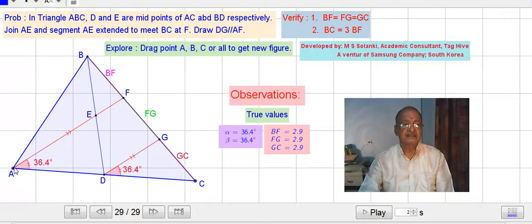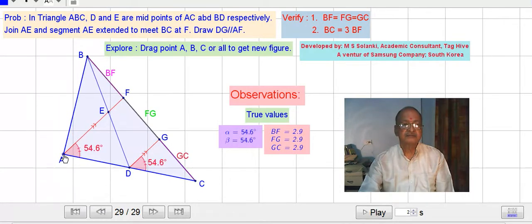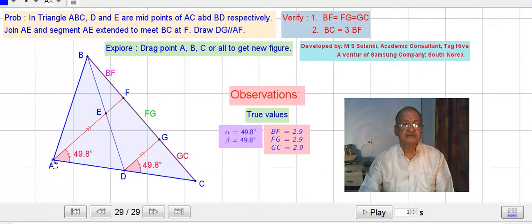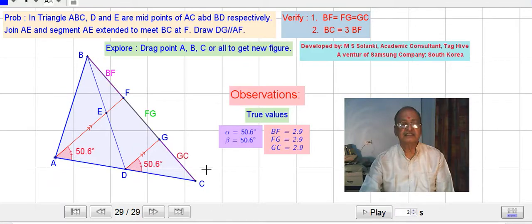In third case, let us take this. Now alpha and beta both are 56 degree, means equal, and these all the 3 segments are also equal.